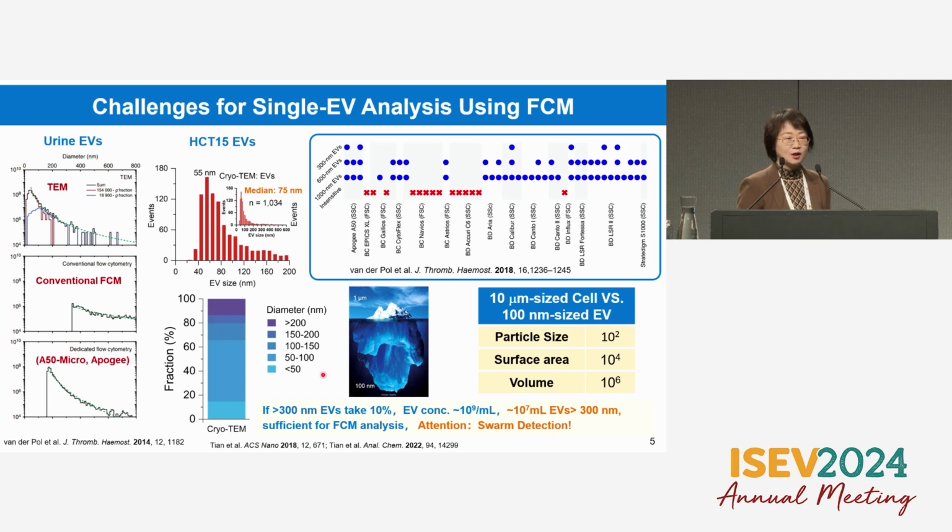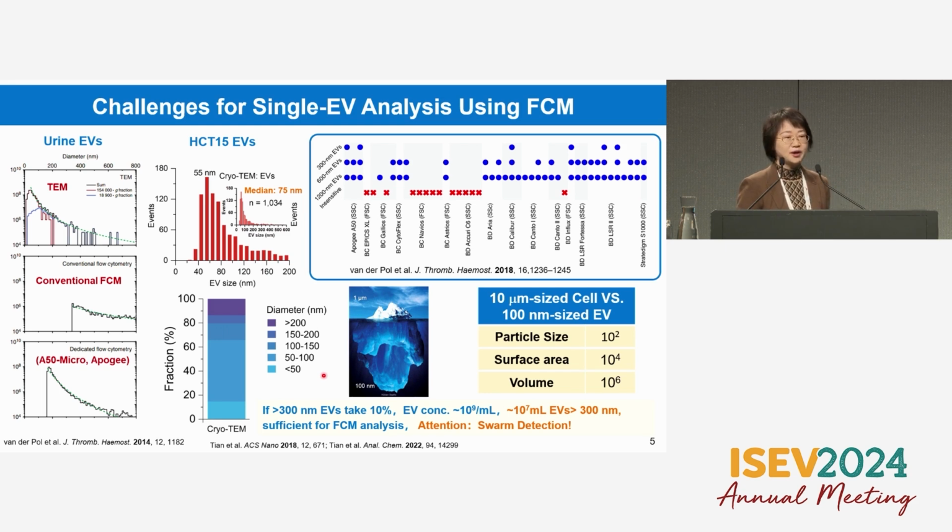We also need to keep in mind that compared with a 10 micron cell, for an EV measuring 100 nanometers in diameter, the surface molecules are 10,000 times fewer, and the molecular content inside is 1 million times fewer, ready for staining.